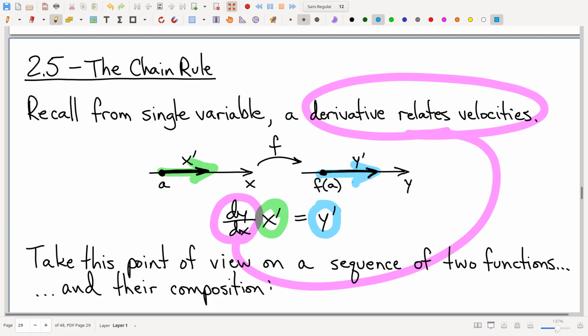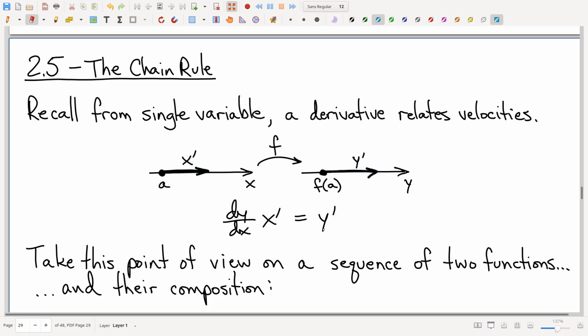Now, this might not be your favorite point of view on the single variable chain rule. Cool. But this is the point of view that we're going to need to make this argument that I want to expand on. So make sure that, for the purposes of this page of notes, this is how we're thinking about a derivative. It's what you multiply by input velocity to get output velocity. Is that cool? All right.